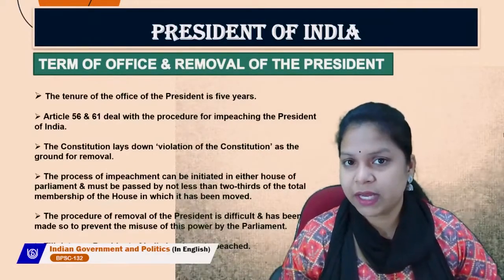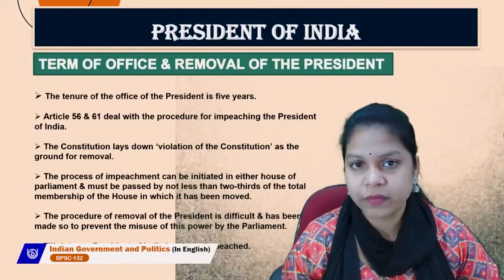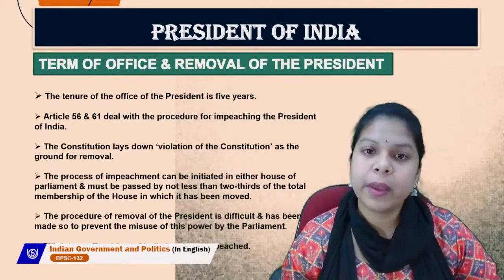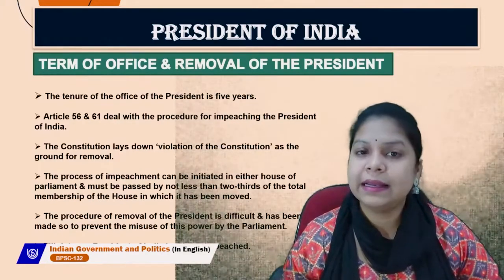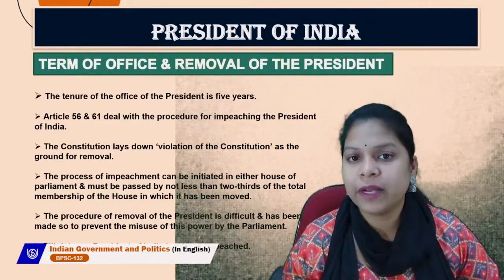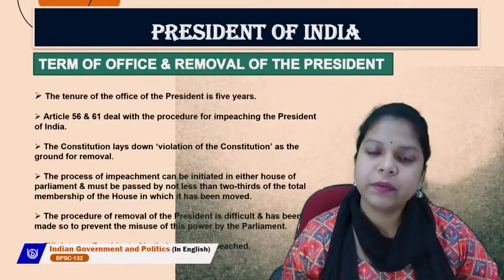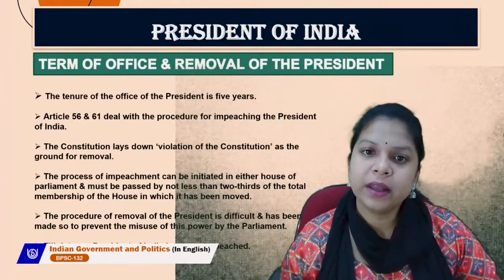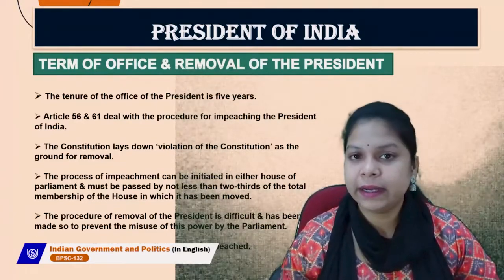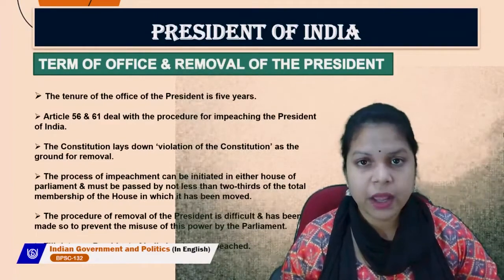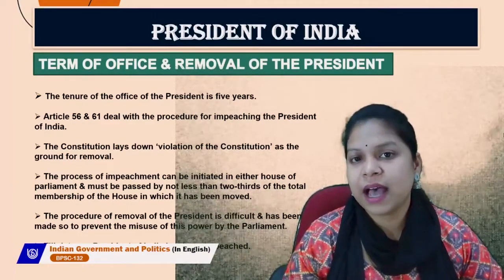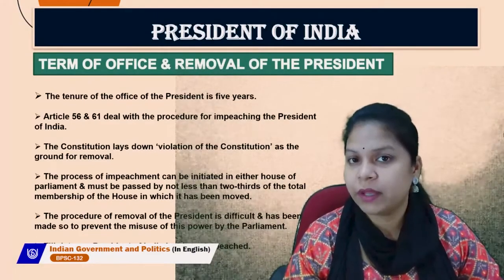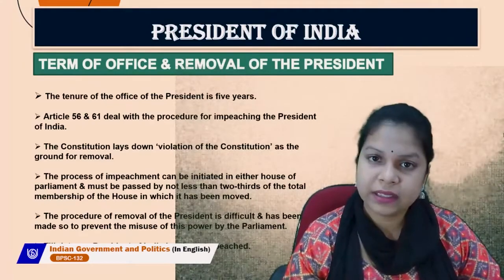This is a very special feature of the parliamentary form of government. Also remember that we inherited this parliamentary form of government from Britain because we were colonized under the British colonial government, whereas many other countries have a presidential form of government where the president is the head of the state.